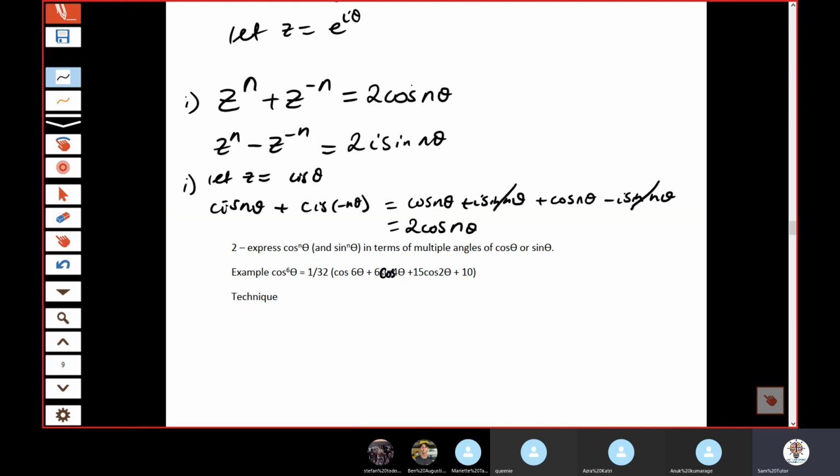So don't do it. You're meant to replace e to the i theta with cis theta. Okay, all good. You can see what's going to happen with the sine, right? The cos will cancel out, and you get positive 2 sine.